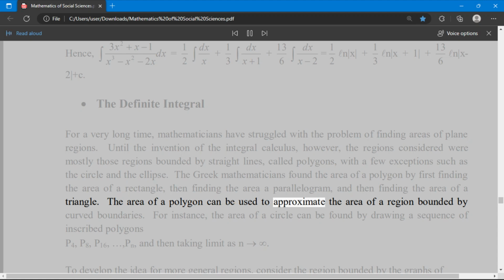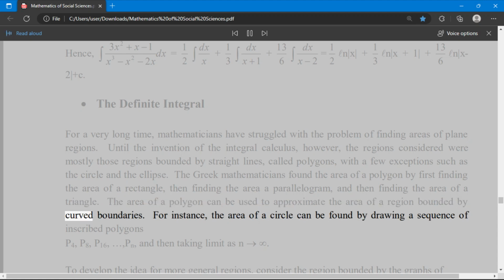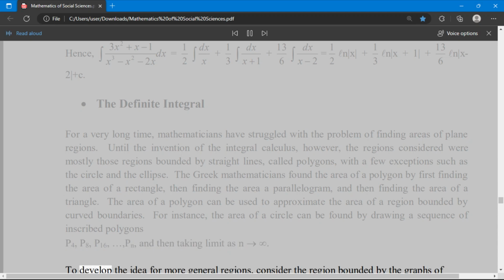The area of a polygon can be used to approximate the area of a region bounded by curved boundaries. For instance, the area of a circle can be found by drawing a sequence of inscribed polygons P4, P8, P16, ..., Pn, and then taking the limit as n goes to infinity.